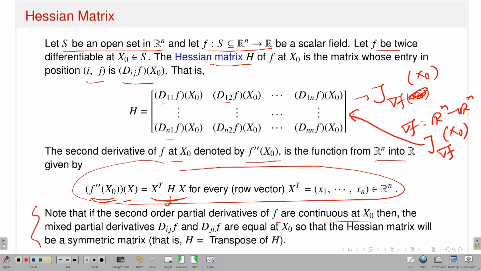Then, using that, I will conclude when a given function attains its relative maxima and relative minima, that is, the second order derivative conditions. In a very special case, if I have a function from R2 to R, then your Hessian is a 2 cross 2 matrix, and I already discussed the definiteness conditions for a 2 cross 2 matrix.